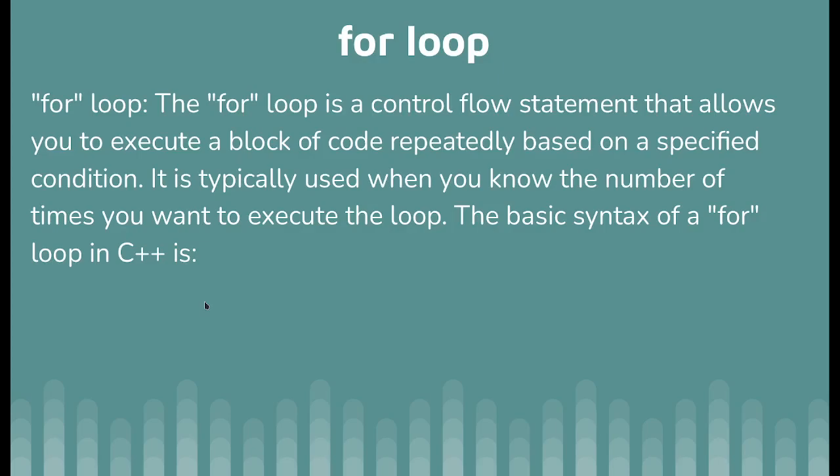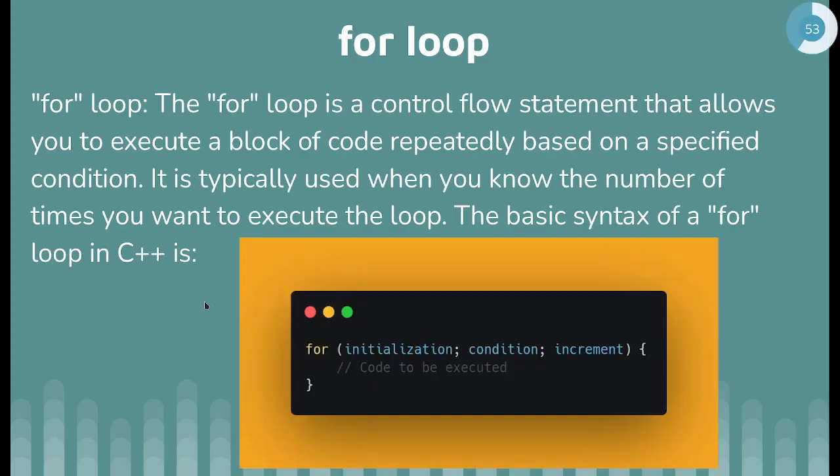Okay, so the for loop is more or less like the while loop, but it has a condensed syntax. So you have an initialization of a variable, like for int i equal to 0, then the condition, if we take the previous example, i less or equal to 10, and then the increment i++.